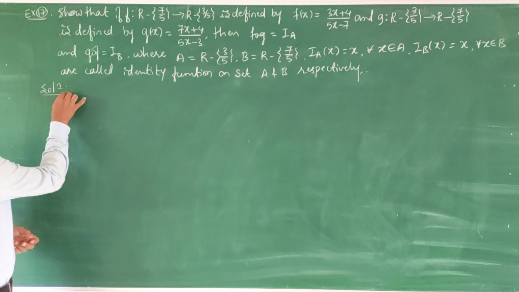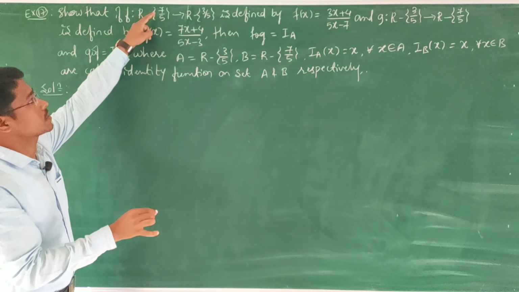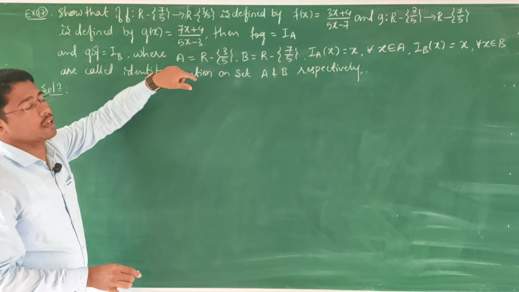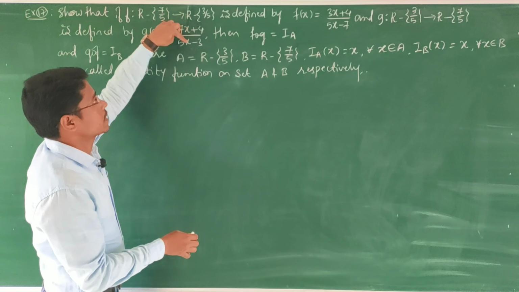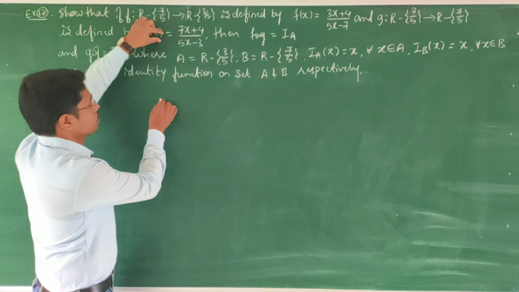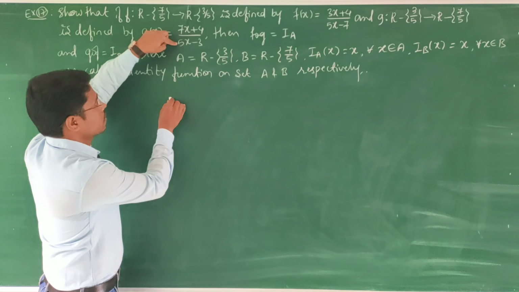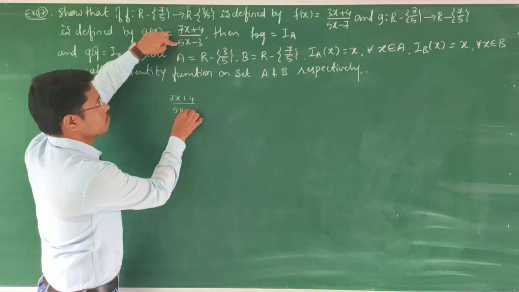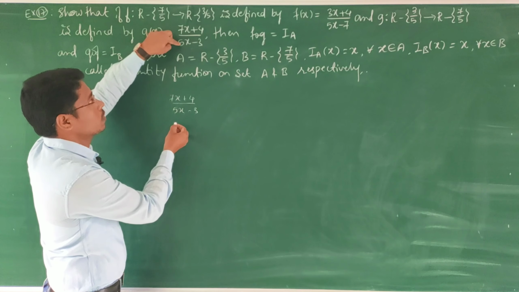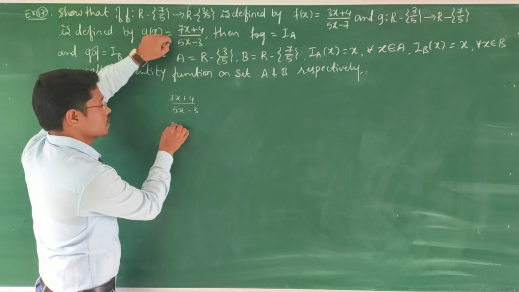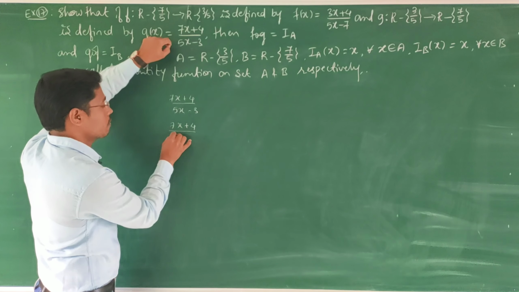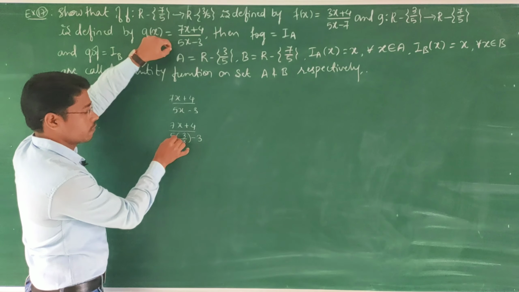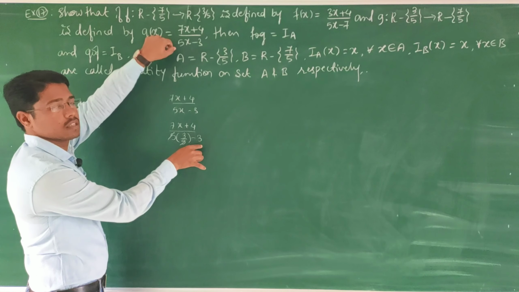Just see why they have given R minus 7/5 and R minus 3/5. Suppose I put x equal to 3/5 in the function g(x) = (7x + 4)/(5x - 3). If I put x equal to 3/5, the denominator becomes 5 into 3/5 minus 3. The 5 gets cancelled, 3 minus 3 is 0.